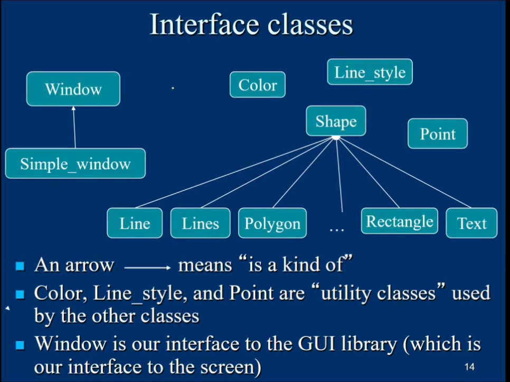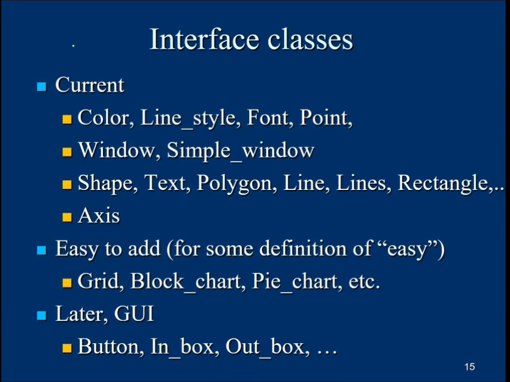Interface classes are like this. This arrow means is a kind of. So simple window is a kind of window. Line, polygon, rectangle, text are kinds of shape. Color, line style and point are utility classes used by other classes. And window is our interface to the GUI library, which is our interface to the screen.